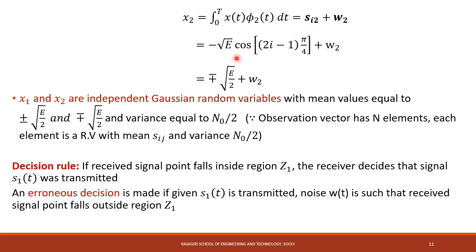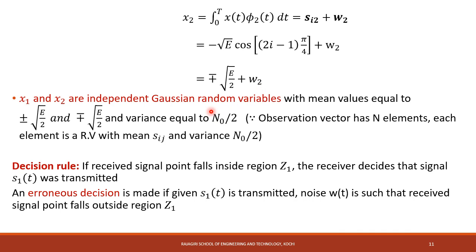We have already seen in the previous slides that it is equal to minus root E sin((2i minus 1) pi by 4), which takes values either plus 1 by root 2 or minus 1 by root 2. So you can simplify it as x2 equals minus or plus root of E by 2 plus w2.